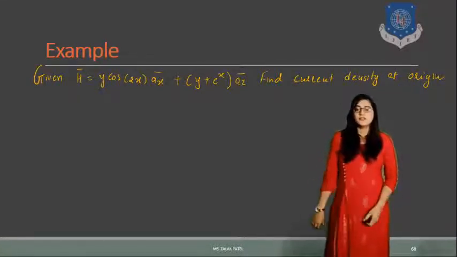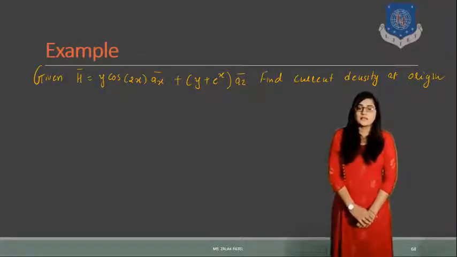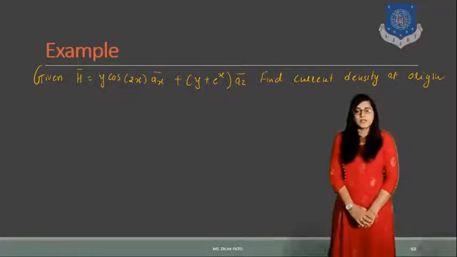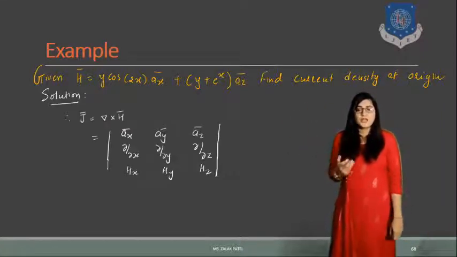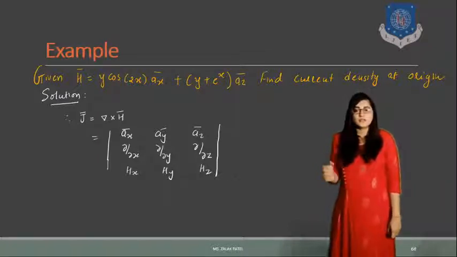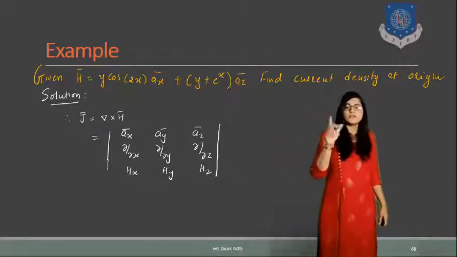Consider the problem statement: given H bar is y cos 2x Ax bar plus (y plus e raised to x) Az bar, you have to find the current density at the origin. So current density is J bar. For J bar you have to write down del cross H, simply the curl of the vector H.